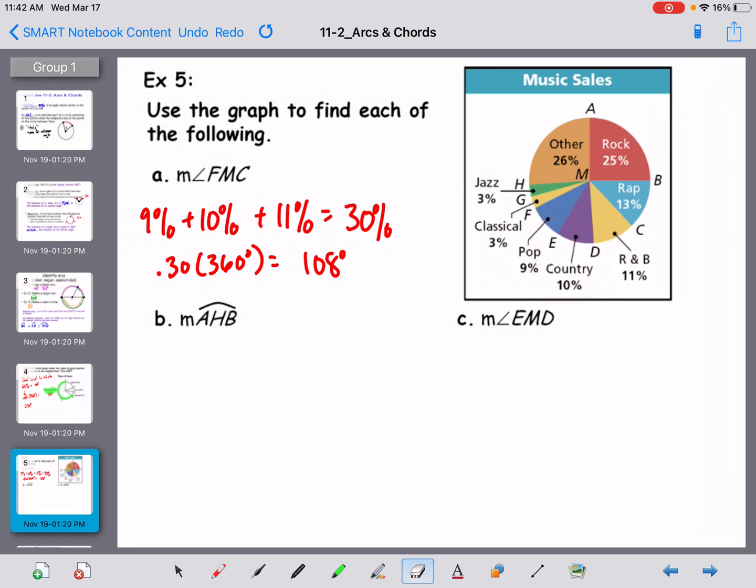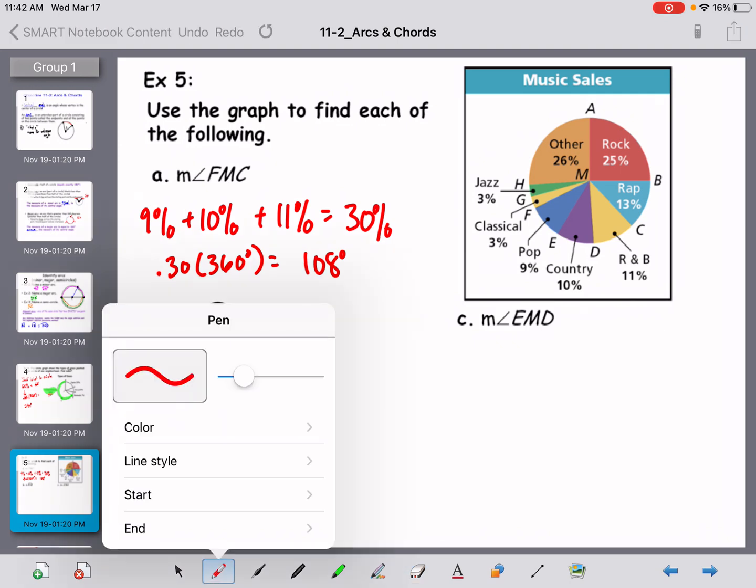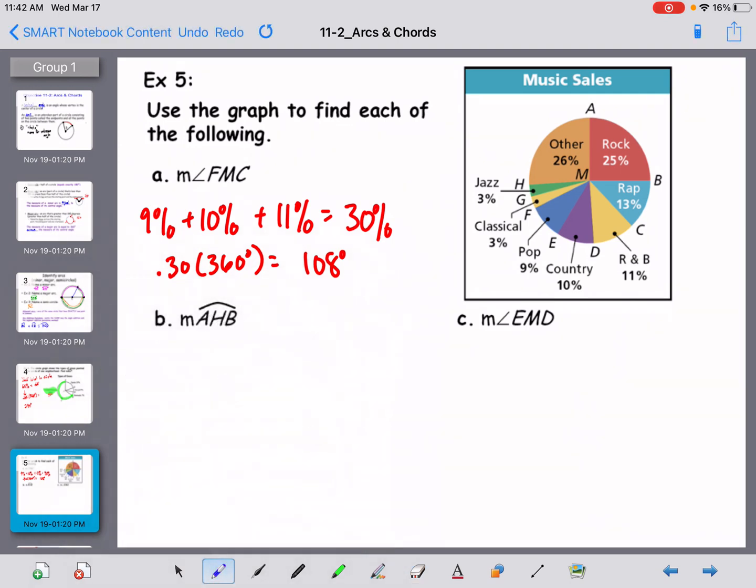Fabulous. All right, the next problem, we want AHB. Wow, that is all the way around. The only part that I didn't include is this piece.